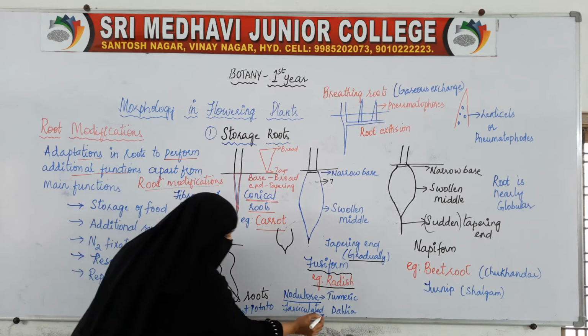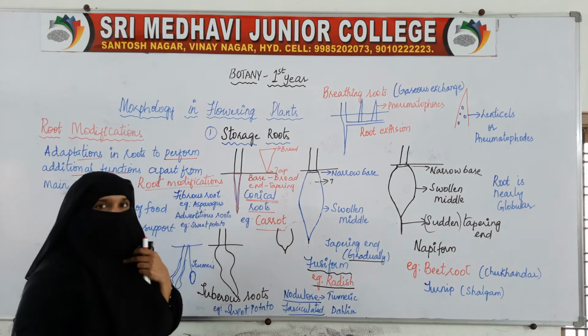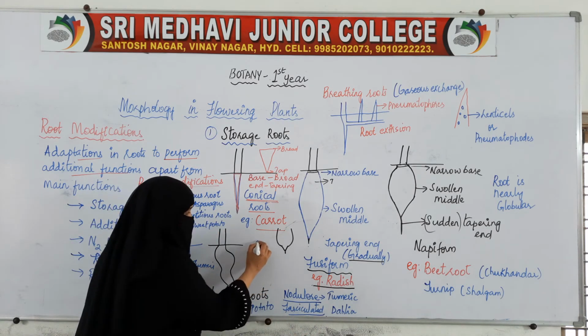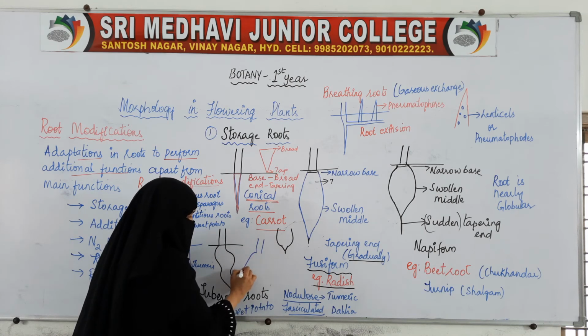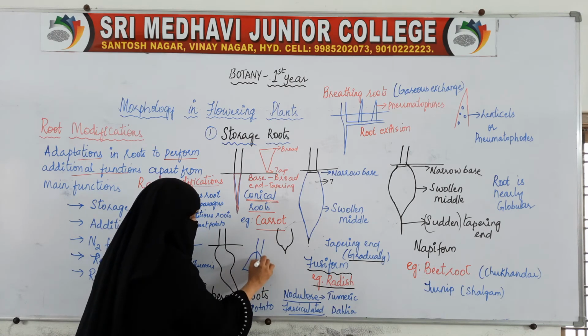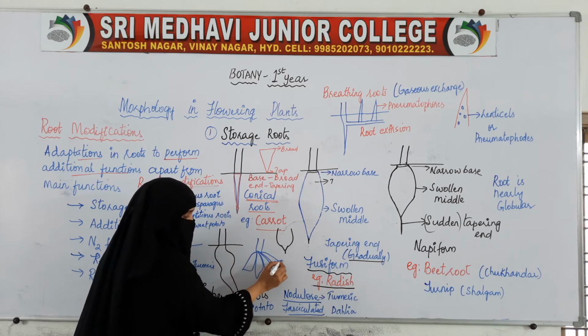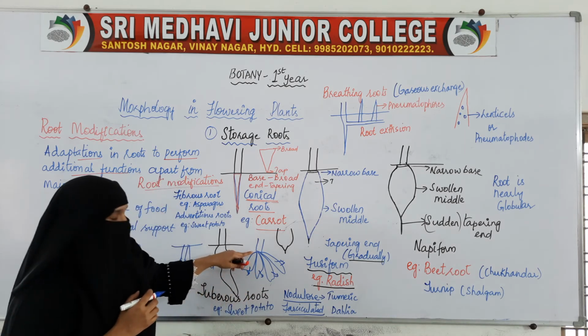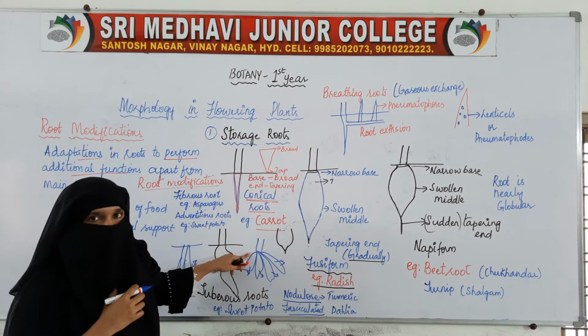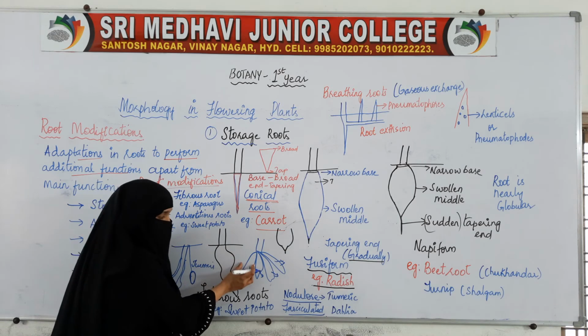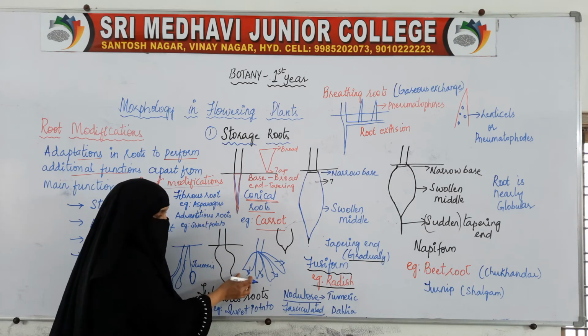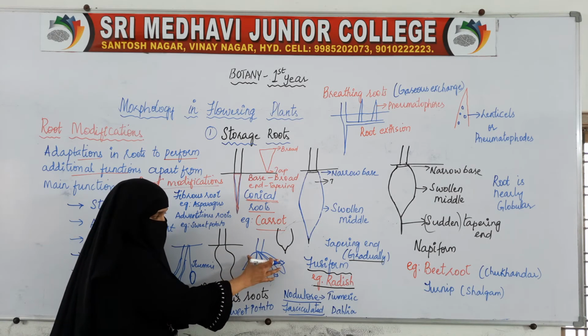And here we also have fasciculated roots. Fasciculated roots we see in dahlia. For example, this is the stem. Here the roots will be arising from the stem in clusters. All of this will be storing food material. The roots are arising from the base of the stem and they are swollen because of the storage of food material, and they are found in clusters.